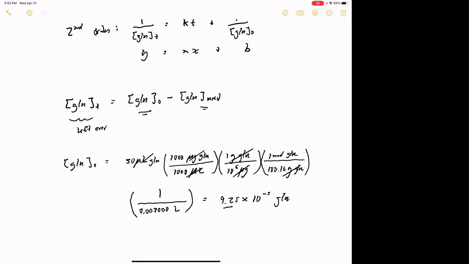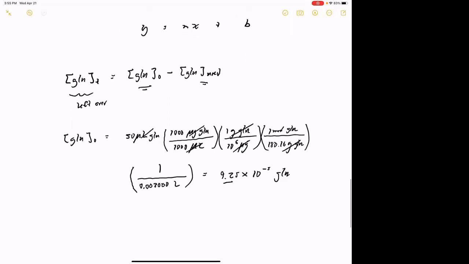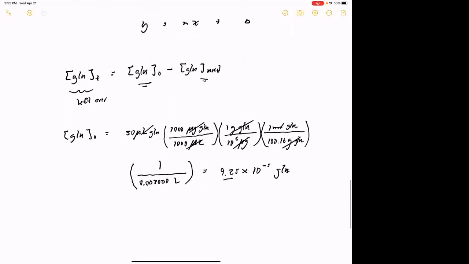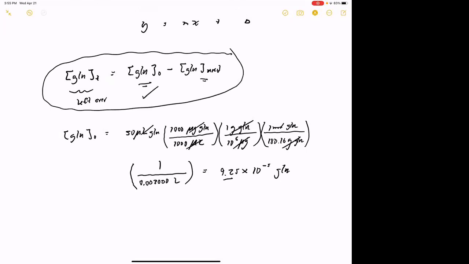So again, what do I need now? I need the concentration of glucose that remains after each time. That's the thing we set up here. Now I have this part, but I need the concentration of the glucose used.